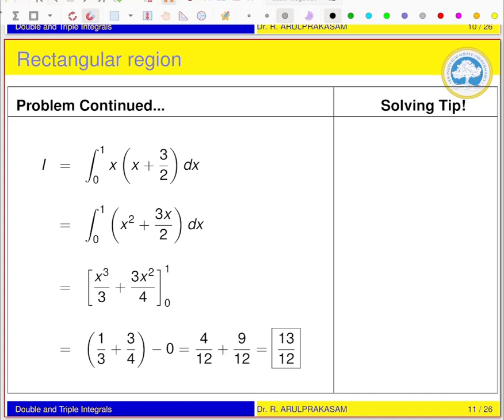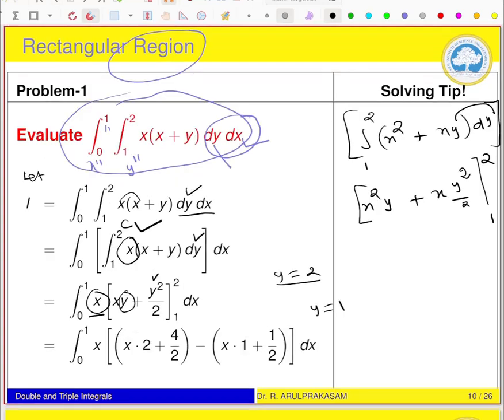So I can substitute here: 2x plus 2 as the upper limit, minus the lower limit x plus 1 by 2. This simplifies to 2x minus x, which is x, plus 2 minus 1 by 2.